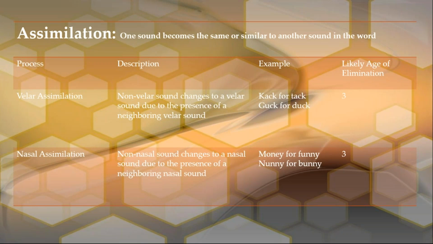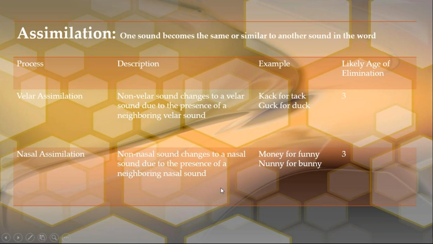Now, nasal assimilation is when a non-nasal sound changes to a nasal sound. Nasal sounds are N and M, and that basically means it's the way the air is flowing through your mouth and your nasal cavity. When you're saying N or M, the air is flowing through your nose.